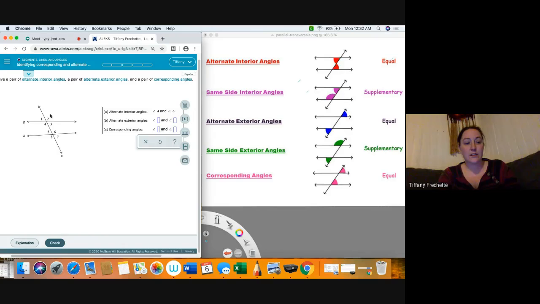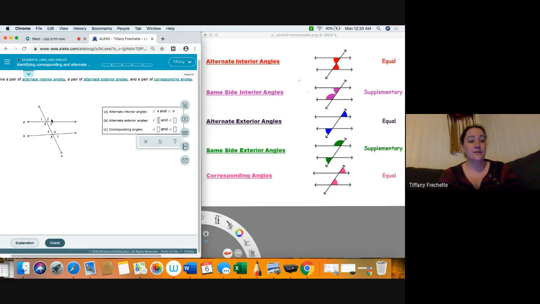All right, alternate exterior angles. So I'm just going to start. It has to be exterior. So if I'm looking at the lines, it has to be an angle that's outside of those lines. So I can choose 1 and 2 to start with, or I can choose 8 or 7. I'm going to go ahead and start with 2, just because why not? So if I go with 2 here, this is on the right side of the transversal.